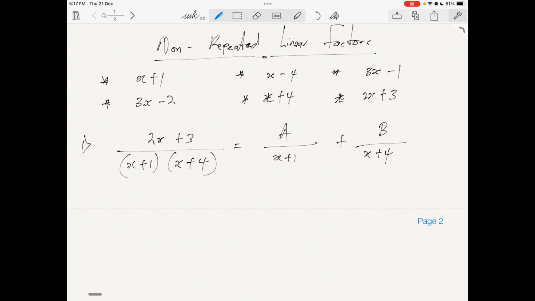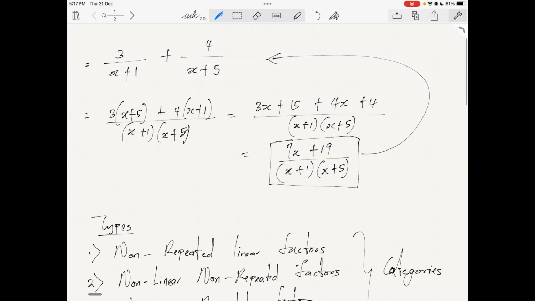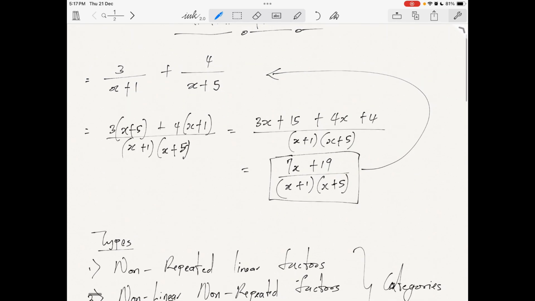Now let's stop here and go back to what we started with. Realize that we had 3 divided by x plus 1 and 4 divided by x plus 5, and we joined these two fractions together to arrive at 7x plus 19 divided by the product of x plus 1 and x plus 5.